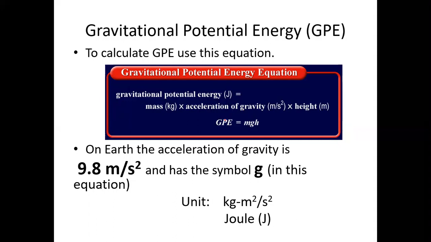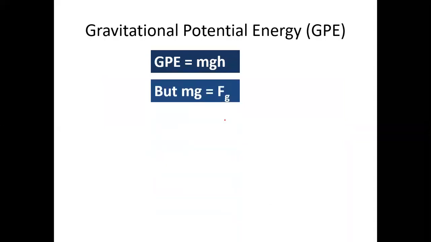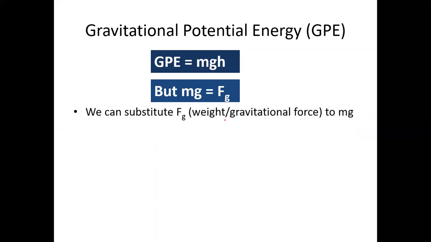However, there is another equation for GPE. Since GPE is equivalent to mgh, we know that mg is equivalent to weight. When we multiply our mass with the acceleration due to gravity, we are computing our weight. So we can substitute Fg, or weight, or gravitational force, for mg.